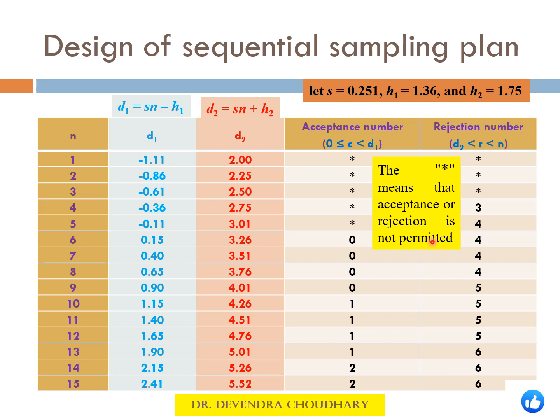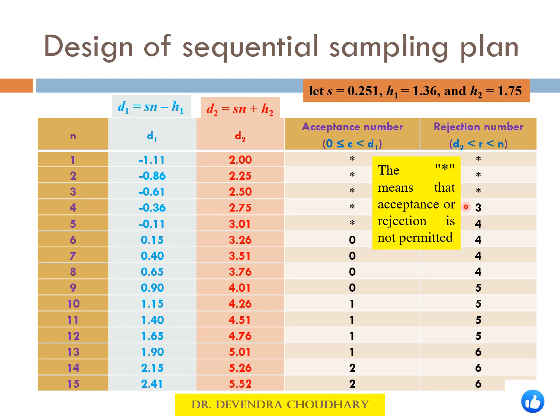An acceptance decision can only be made after the 6th sample, whereas a rejection decision can be made after the 4th sample.